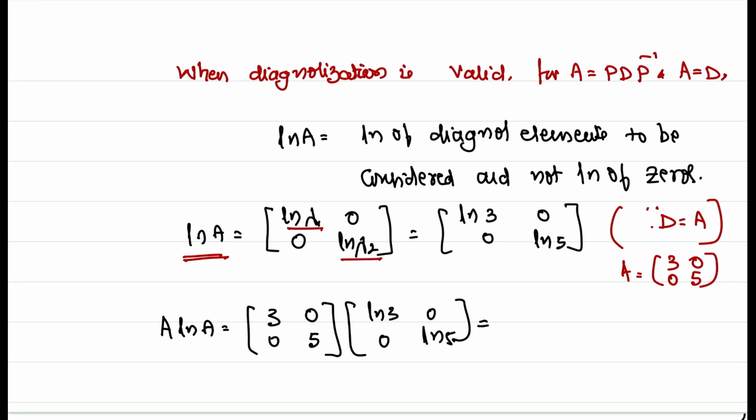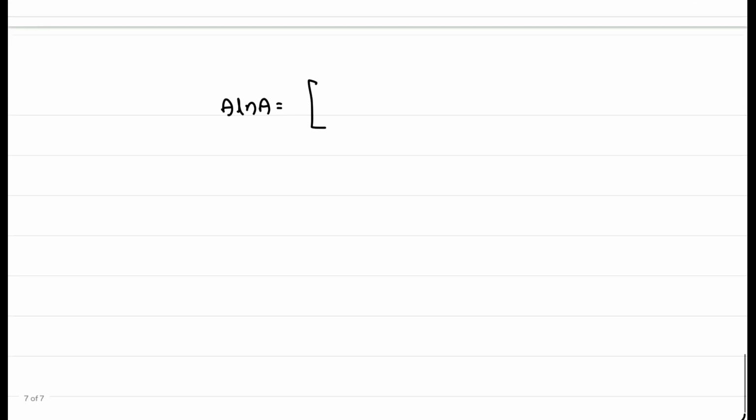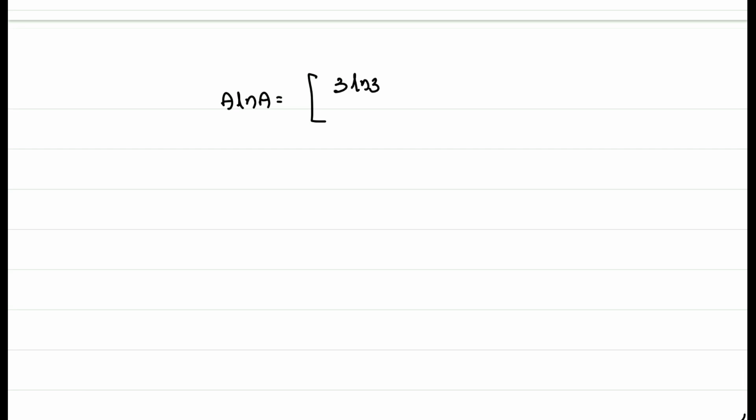You can do this like ordinary multiplication: 3 ln 3 plus 0, next 0 plus 0, next 0 plus 0, next 0 plus 5 ln 5. This is ordinary matrix multiplication. Then A ln A is equal to [3 ln 3, 0; 0, 5 ln 5].